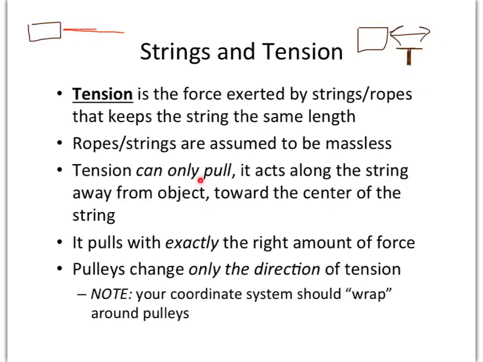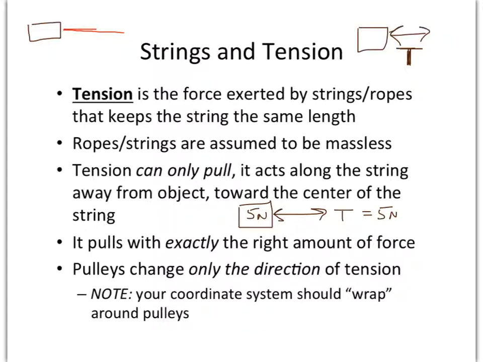We talked about how tension can only pull. Fourthly, it pulls with exactly the right amount of force. Let me illustrate it this way. If you have a box right here, and you apply a tension force to it. Say that tension force is 5 newtons. That 5 newtons acts all along the length of that string right there, such that a tug is felt to the tune of 5 newtons down here as well.